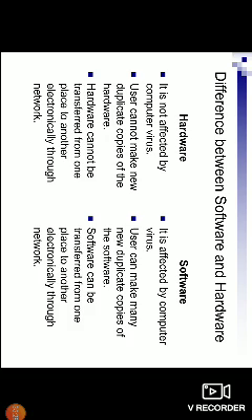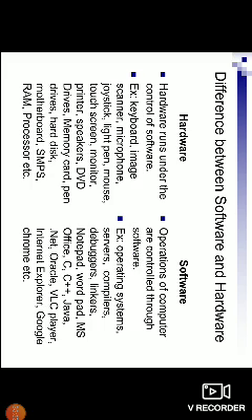Hardware cannot be transferred from one place to another electronically through a network, whereas software can be transferred electronically through a network. Hardware runs under the control of software. In software, operations of the computer are controlled through software.